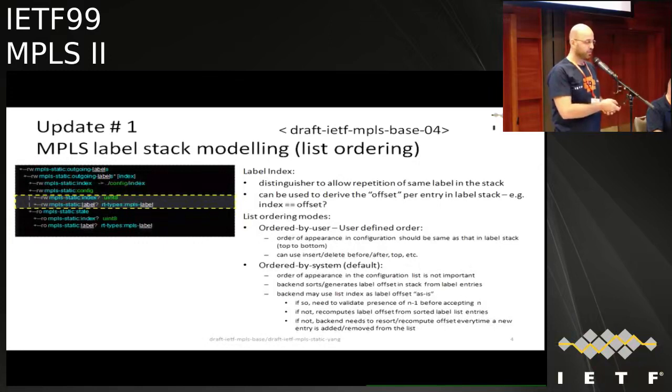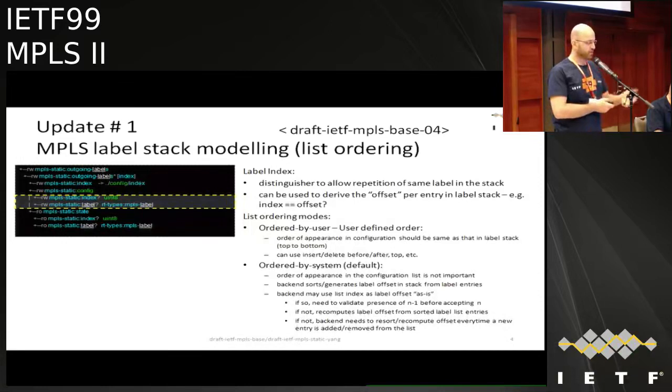YANG defines two modes of ordering a list, either user-ordered or system-ordered. With user-ordered, the way they appear in configuration is the way the labels will be pushed onto the packet.